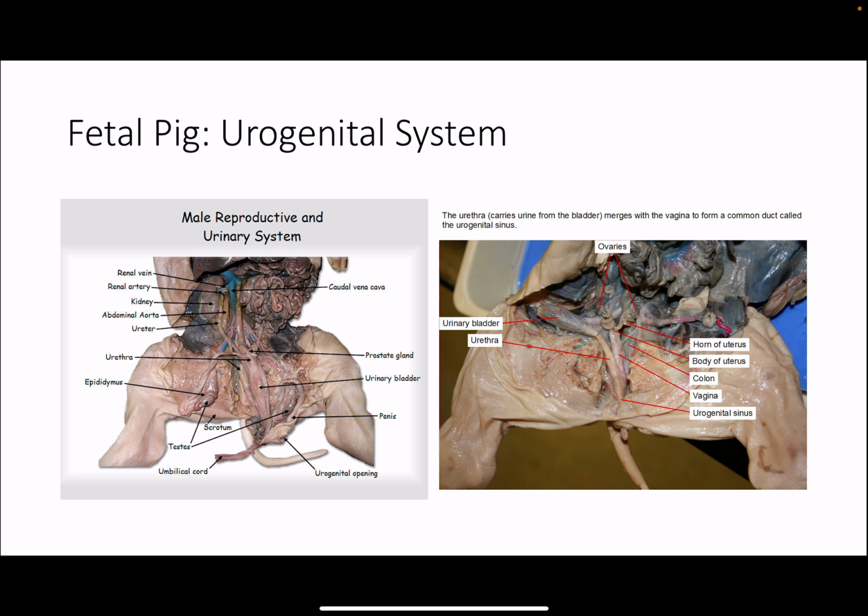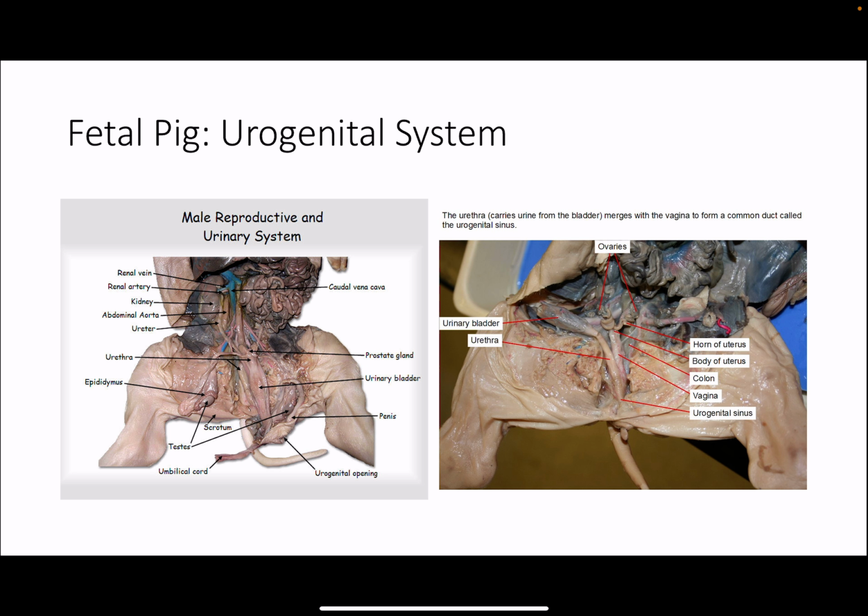In the male reproductive system, you can see that there's the renal vein and the renal artery, so that the blood supply goes into the kidney where it's filtered and then returns to the renal vein into the vena cava, where it returns to the heart and is then pumped through the system.